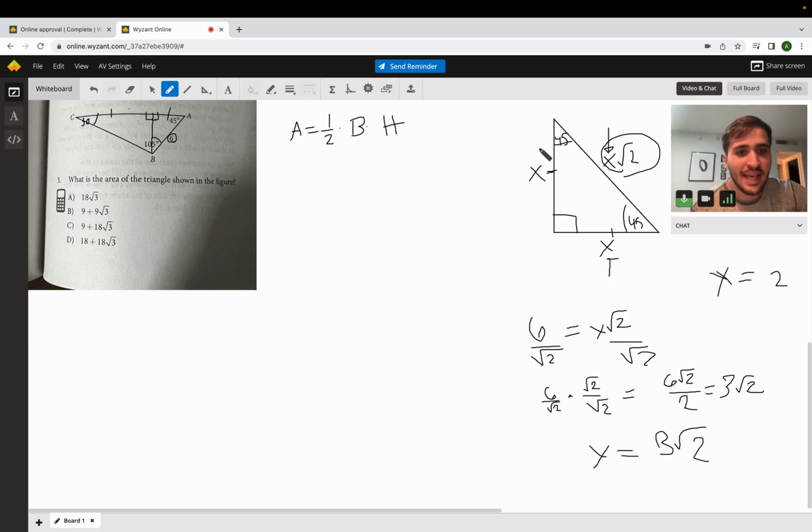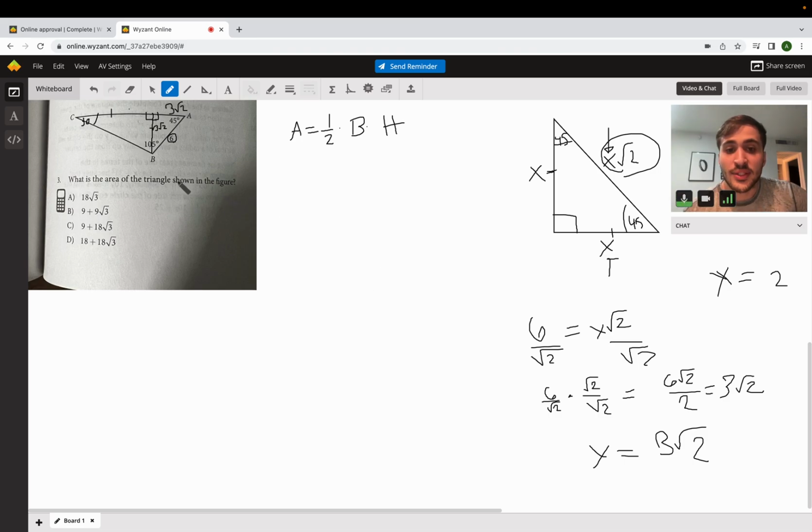That means that the base and the height of this triangle right here are equal to 3 radical 2. So let me go ahead and write that in there just so we know. So this is 3 radical 2, and this side right here is also 3 radical 2, right?